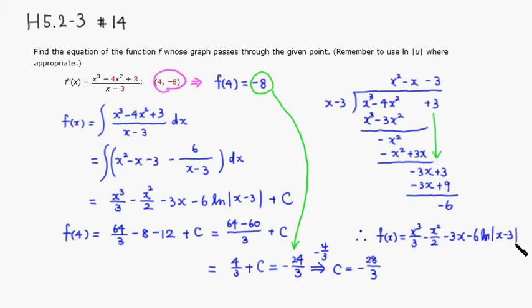I'm running out of room. Then the constant c is minus 28 over 3. So that is the original function that we are looking for.